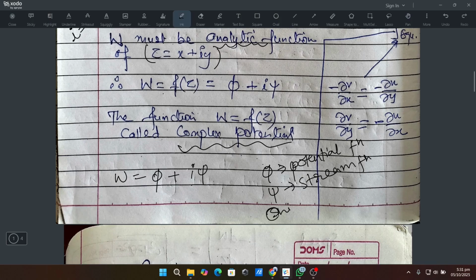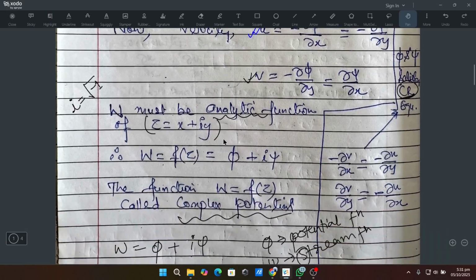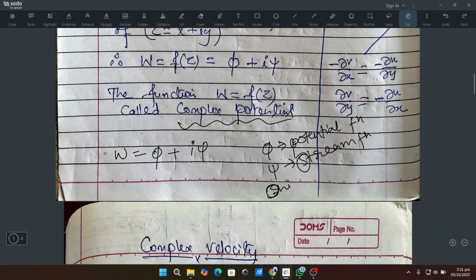So from this s and this s, you can remember that psi is the stream function, and phi is our potential function. Then what were the equations we wrote? These are the equations in case of the potential function, and these are the equations in case of the stream function. So we are done with that. This w is a function of z, and this is called the complex potential function.